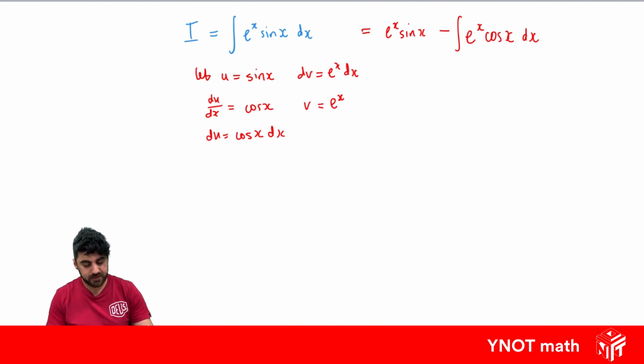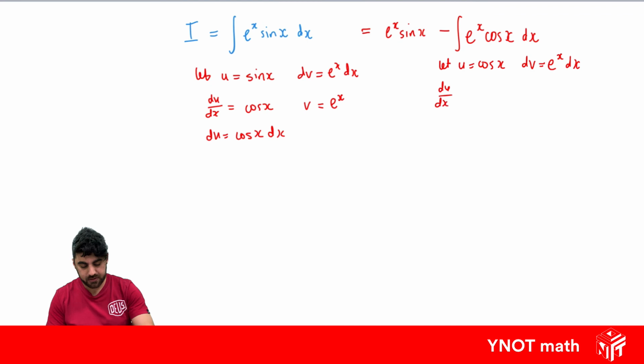It's almost looking like what we started with, so it looks like we're going to need to go again. We're going to do another integration by parts. Here we're going to let u equal cos x and dv equal e^x dx.